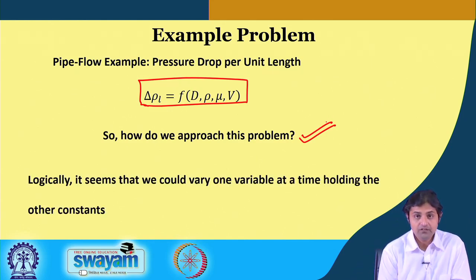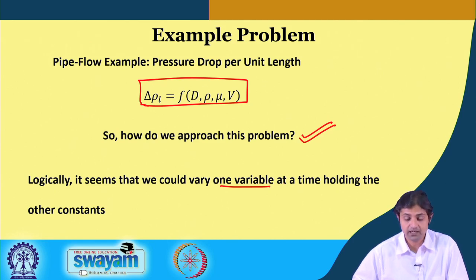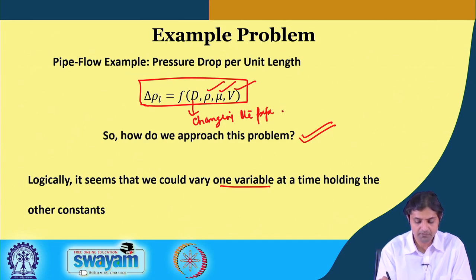Normally if we want to conduct experiments, it is very logical that we can vary one variable at a time and hold the others constant. So, we have an apparatus, equipment set up in the lab. For a particular value of density, a particular value of mu, and a particular flow velocity, we can keep on changing the pipe diameter.